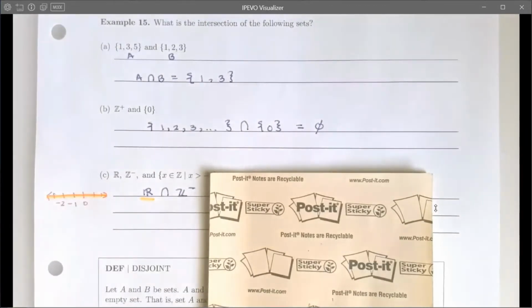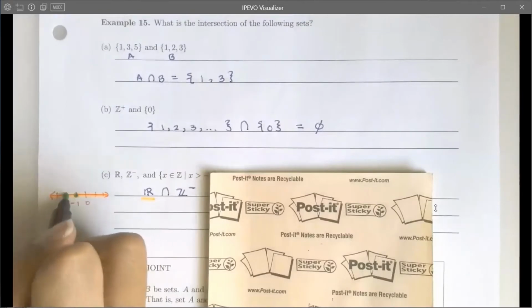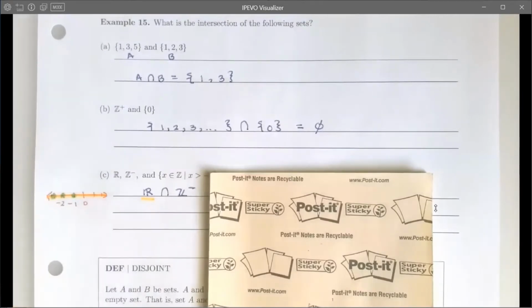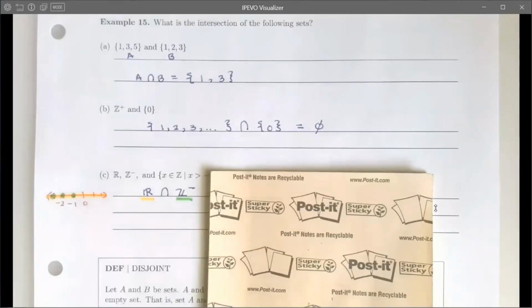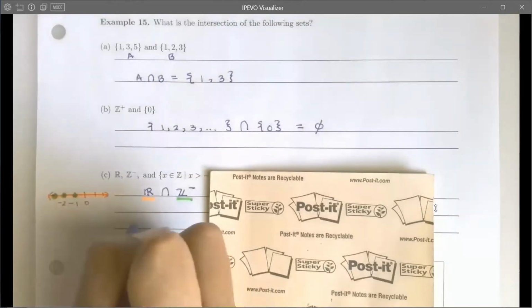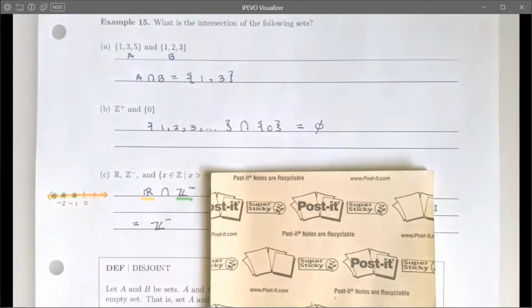If we think about what the negative integers are, well, these are just -1, -2, -3, so on and so forth. So the place at which both of those sets intersect, meaning the elements that they share in common, are really only the negative integers, right? So that first intersection boils down to it being the negative integers.